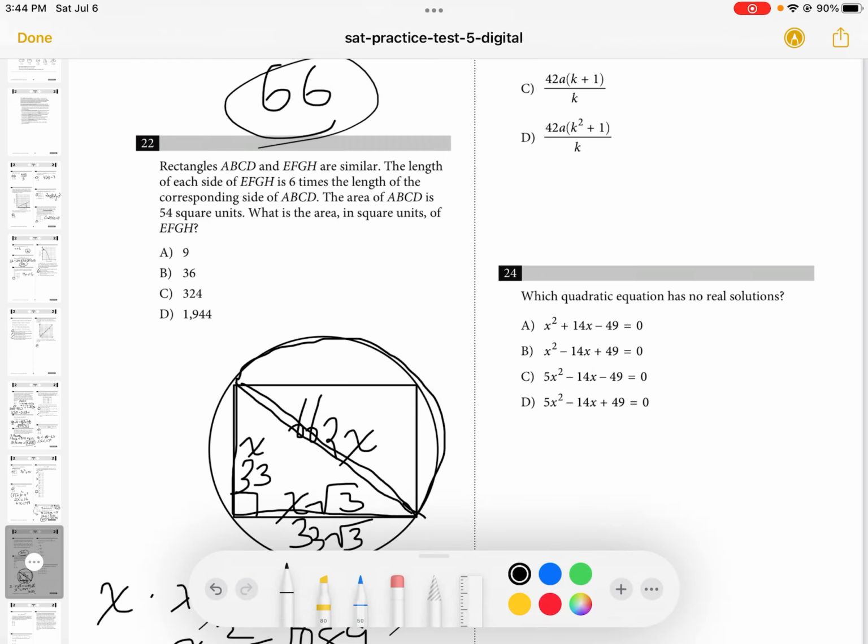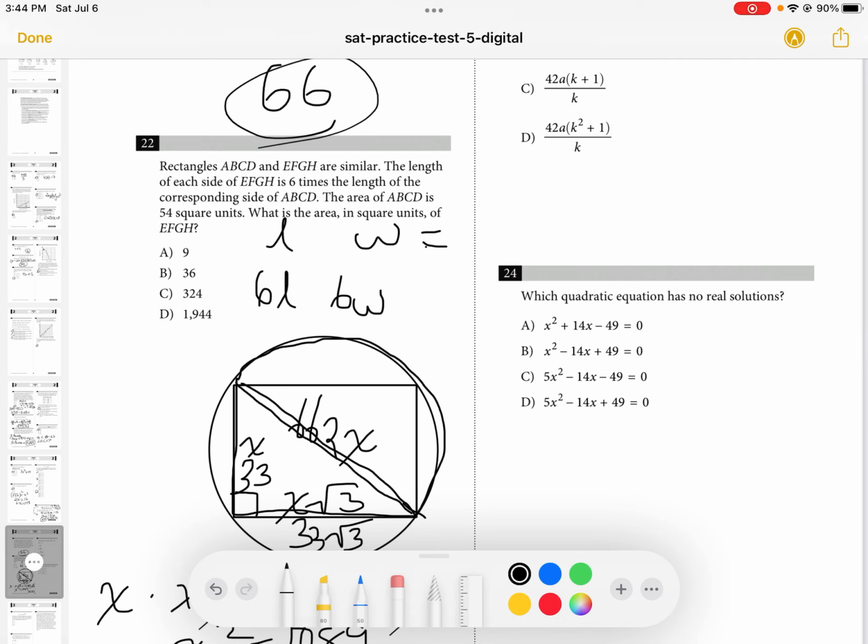Right. Okay. So pretend rectangle ABCD has length L and width W. Then rectangle EFGH has length 6L and 6W.